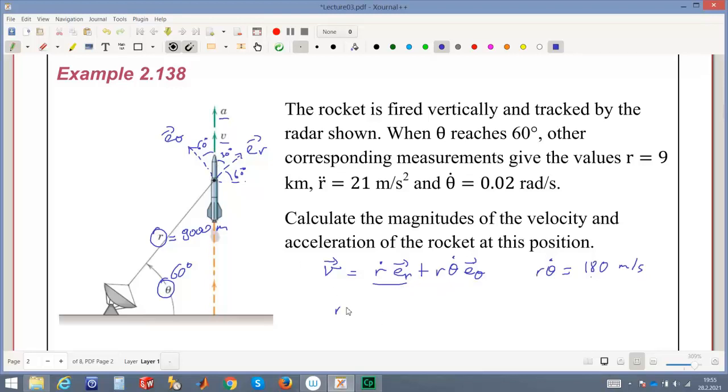That will be r theta dot over cosine 60 degrees. Okay, that will be the magnitude of the velocity.